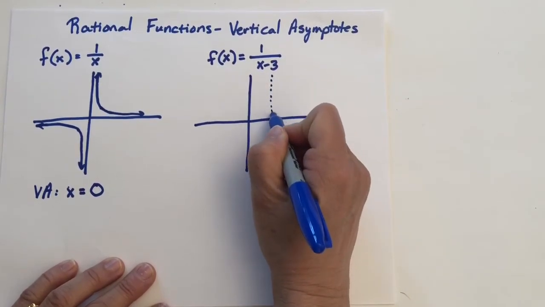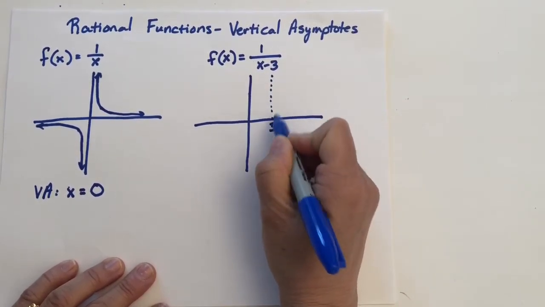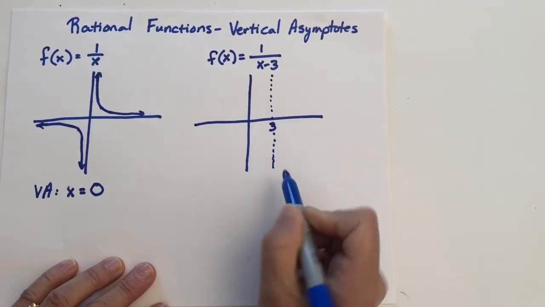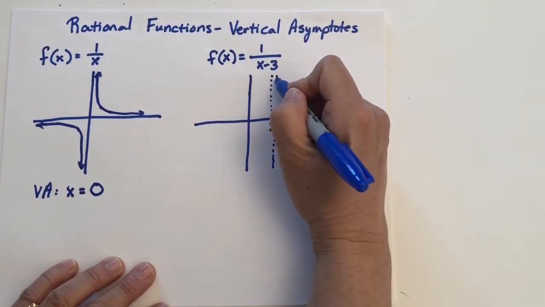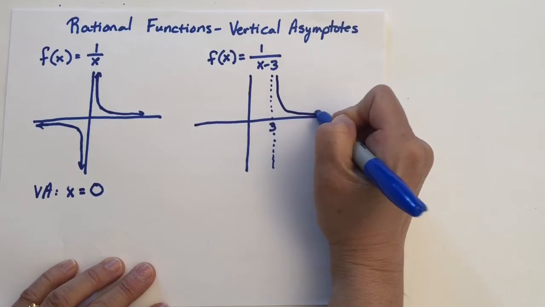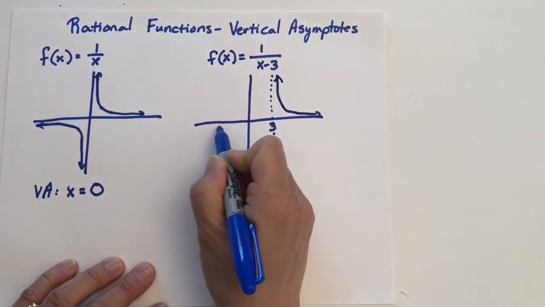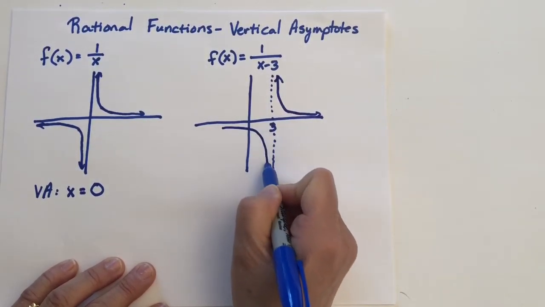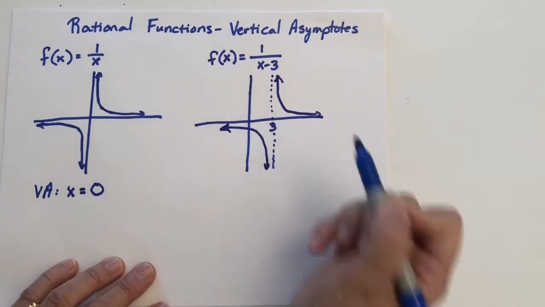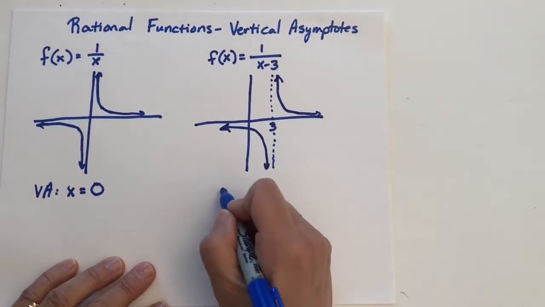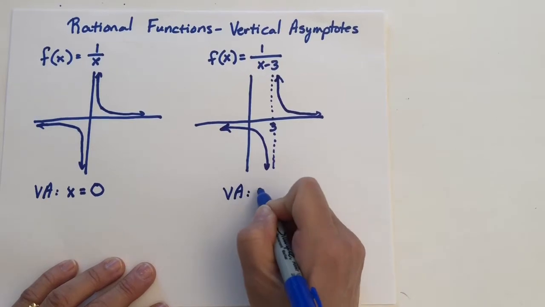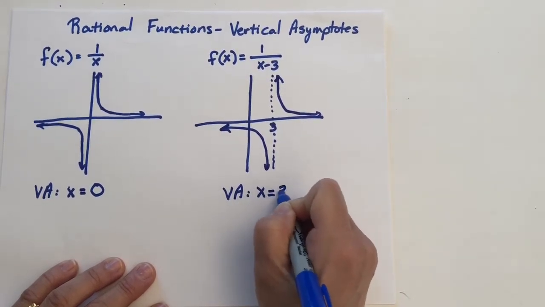We'll have a vertical asymptote right here at 3. And we would draw the exact same shape right here. And it looks something like that. So our vertical asymptote is at x equals 3.